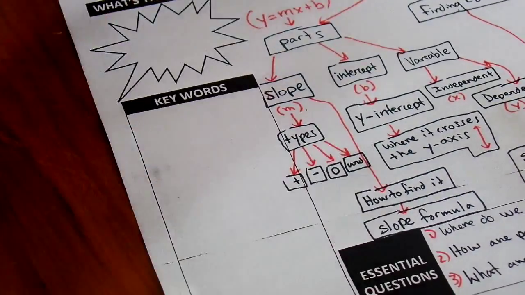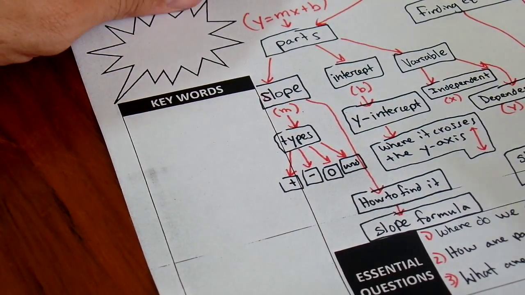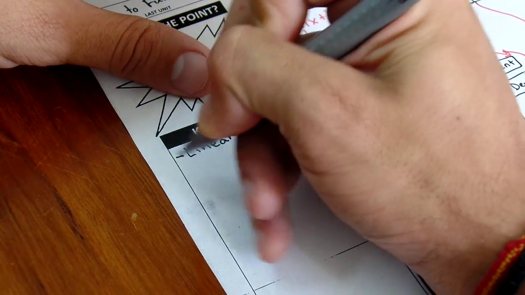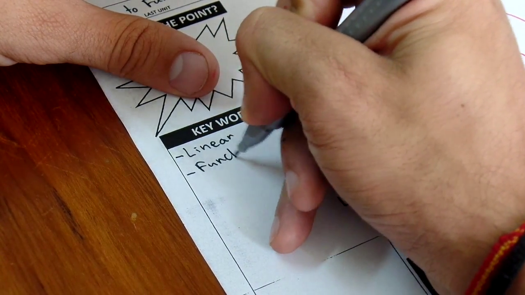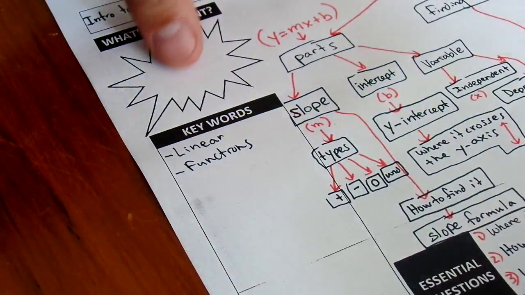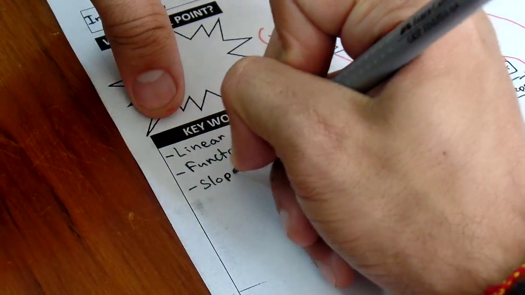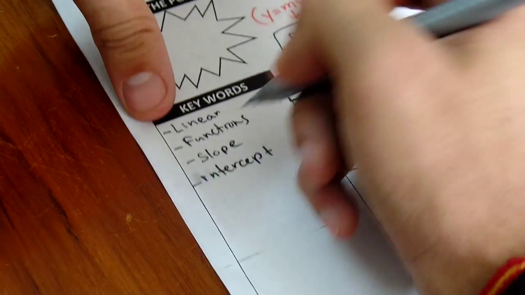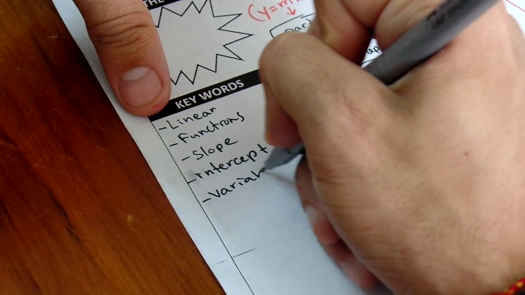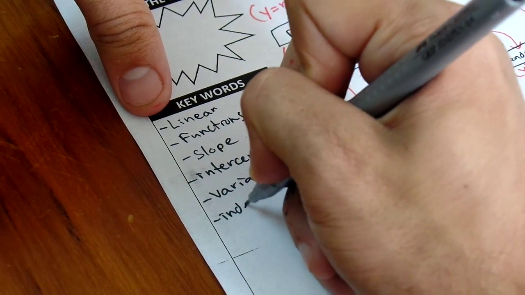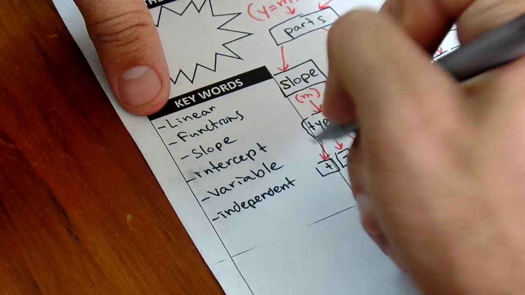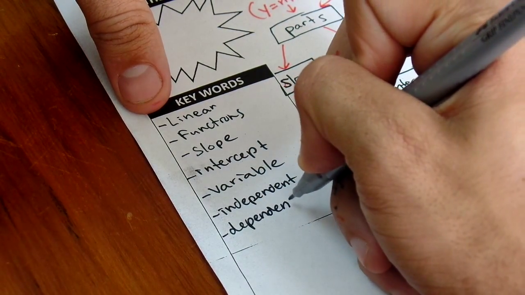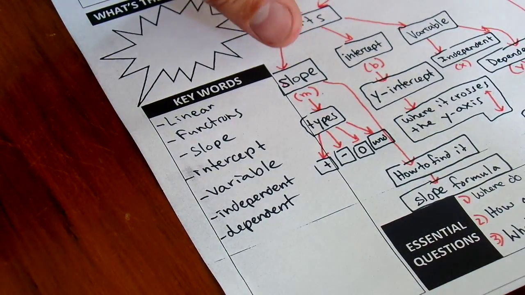Now let's look at vocab. There's a lot of vocab. Well, yes and no. First we have the words linear and functions. Those are important. Then we have slope, intercept, variable is important, independent, dependent, what else do we have?